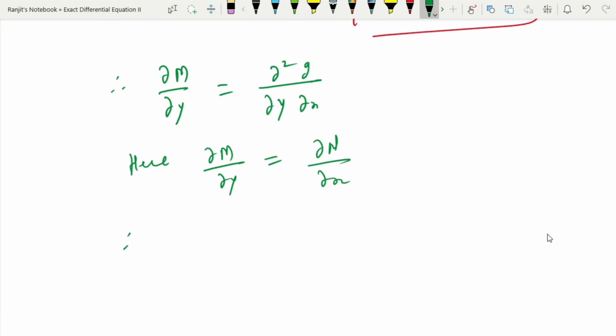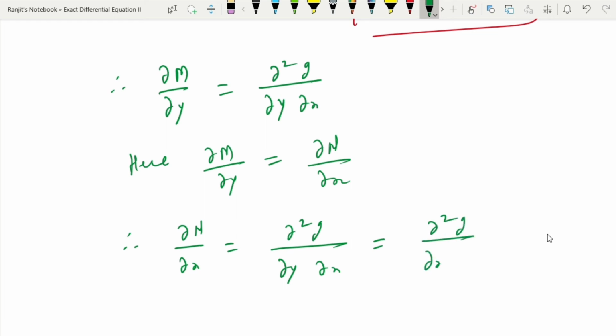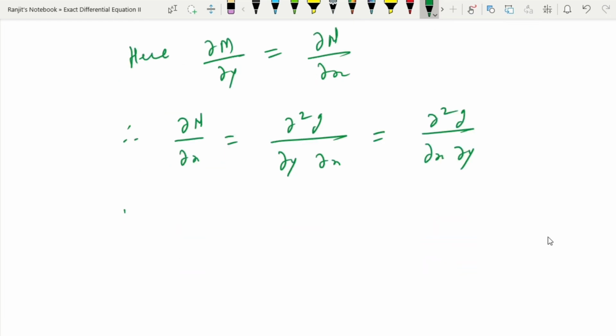Therefore, ∂N/∂x is equal to ∂²g/∂y∂x. Again, ∂²g/∂y∂x means ∂²g/∂x∂y, that is ∂/∂x of N is equal to ∂/∂x of ∂g/∂y.